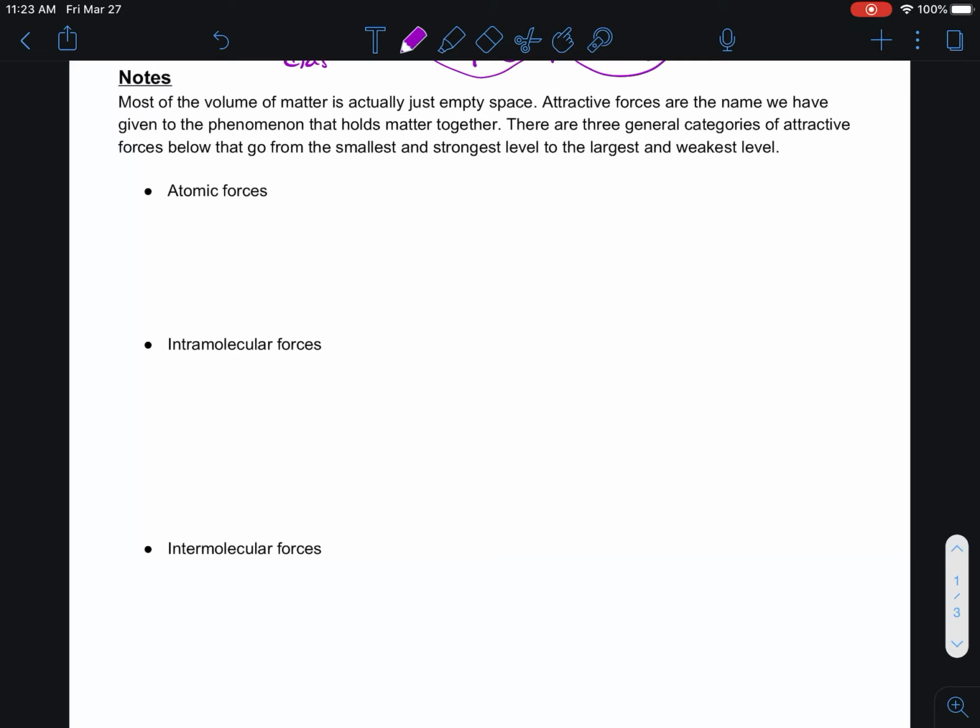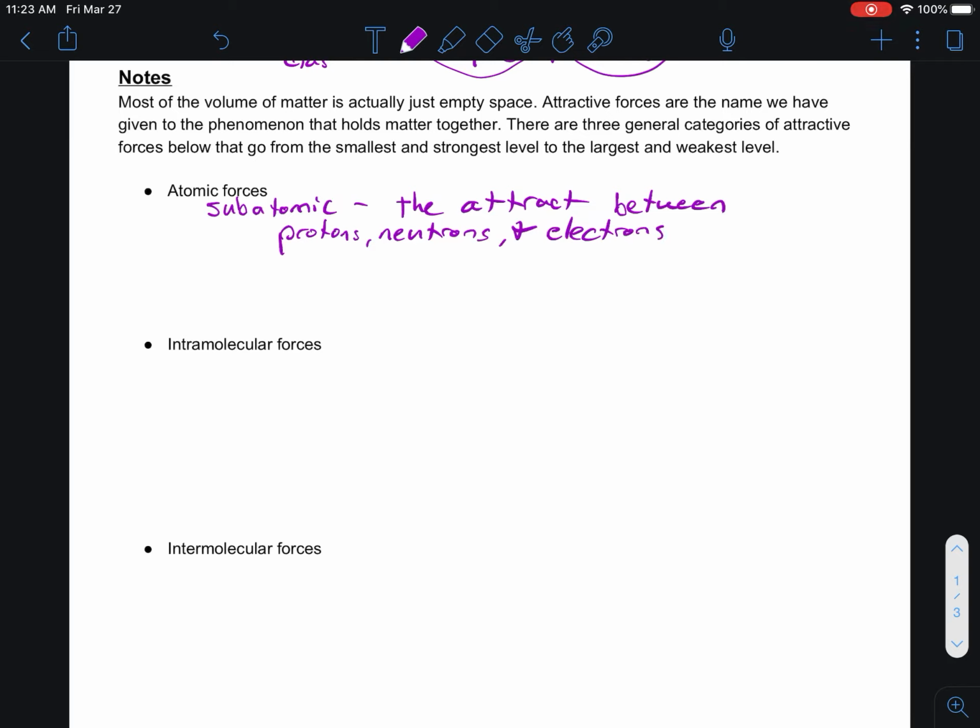Your subatomic forces, it's actually really subatomic. The attraction between protons, neutrons, and electrons in an atom.